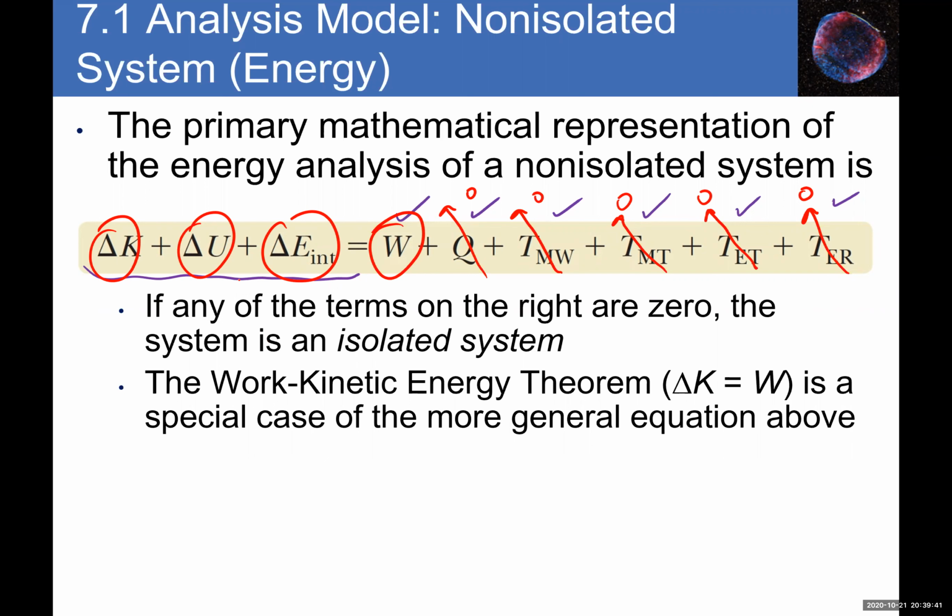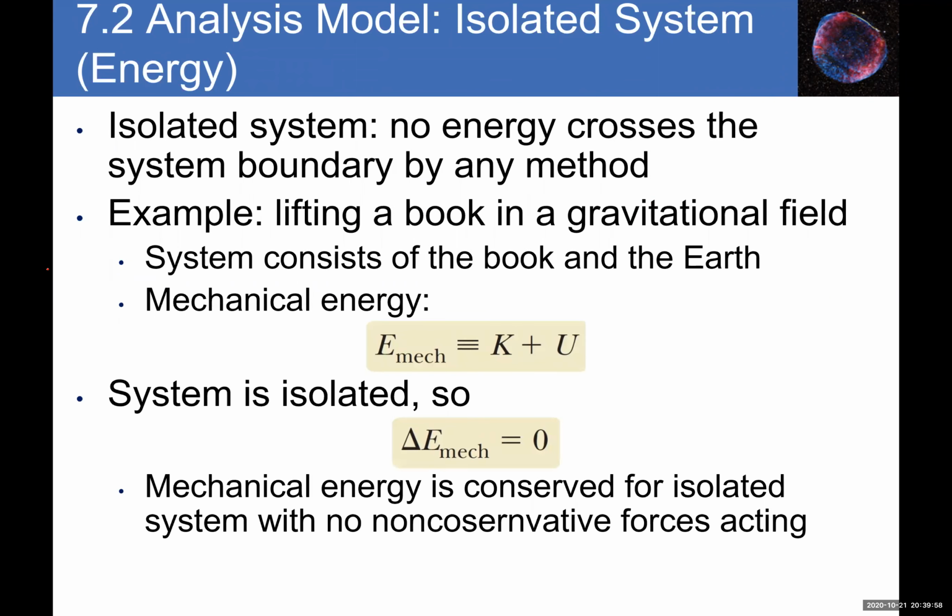So one thing we have here is this. If I come back to the second part of the left side of the equation, the combination of those two, kinetic and potential, actually has another name. We call this mechanical energy. Okay, so we can say an isolated system is one where no energy crosses the system boundary by any method.